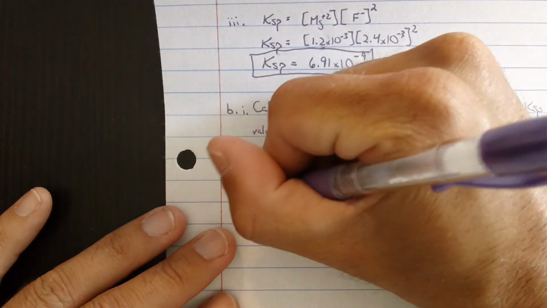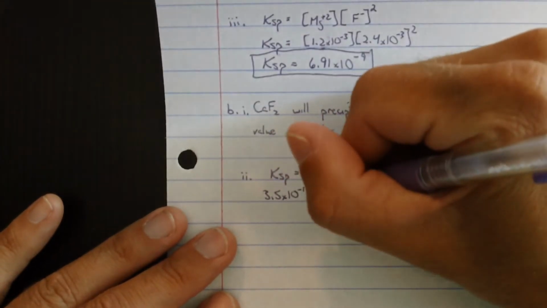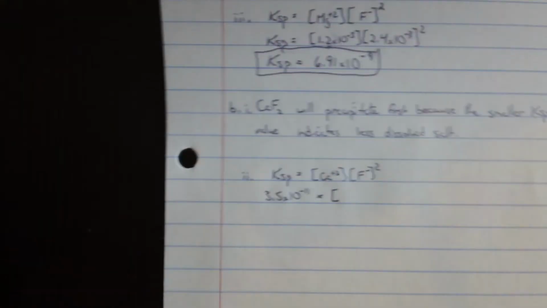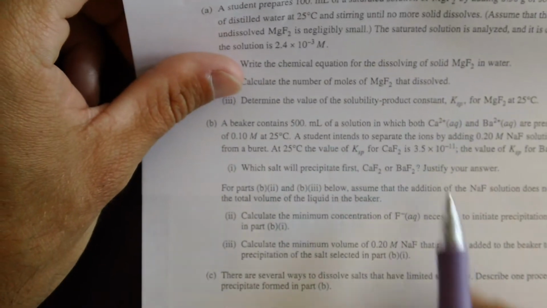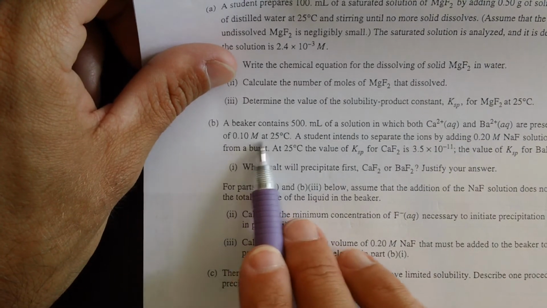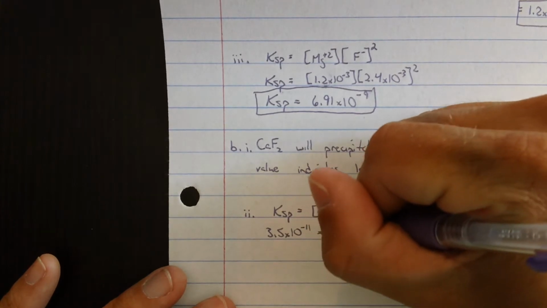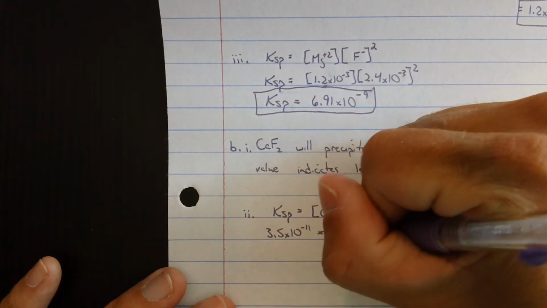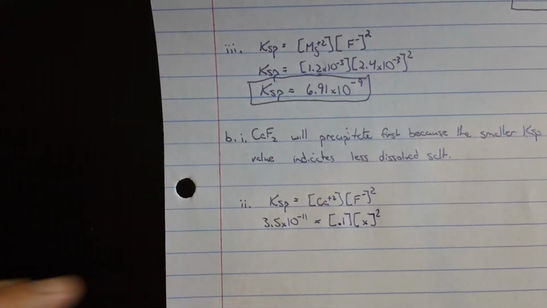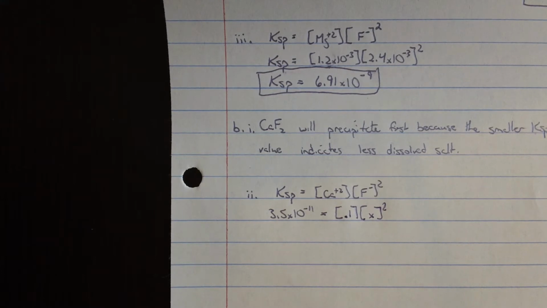So we have 3.5 times 10 to the negative 11th equals, we know the calcium ion concentration because they told us the calcium and barium were present at 0.1 molar, and they want to know the concentration of that fluoride ion. Don't forget that it's squared there. That squared is gonna haunt some people.